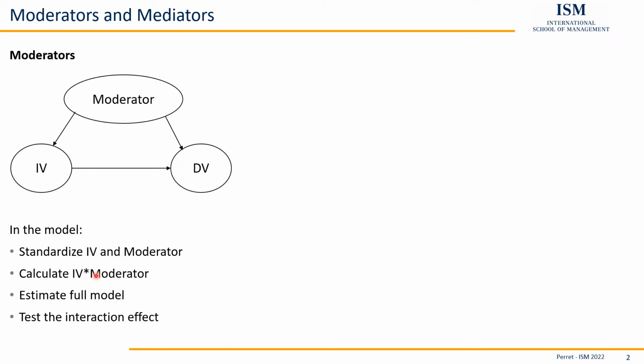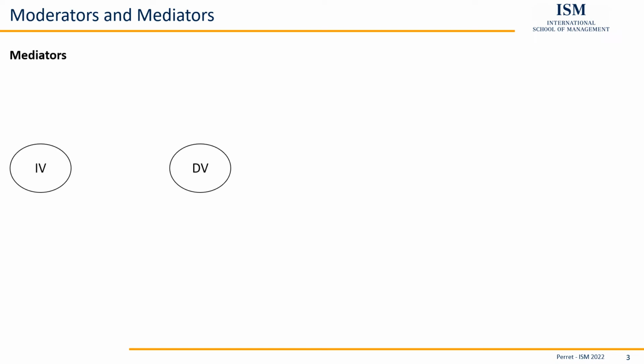Usually, once you include this moderating effect, this interaction effect, this relation here either becomes smaller or becomes larger. And the difference between the model without the moderator and the model with the moderating effect, that's how strongly the moderator impacts the relation. So that's the strength of the moderating effect. So much for moderators.